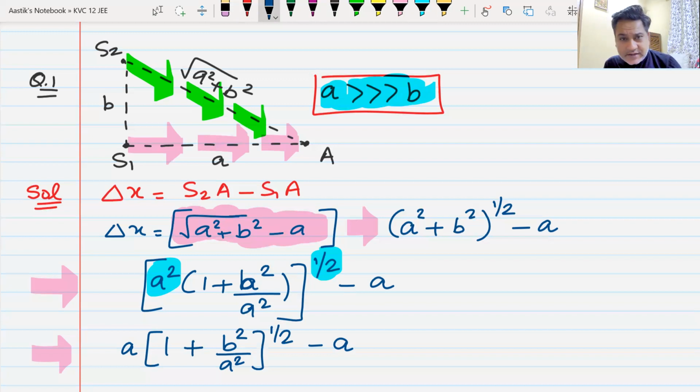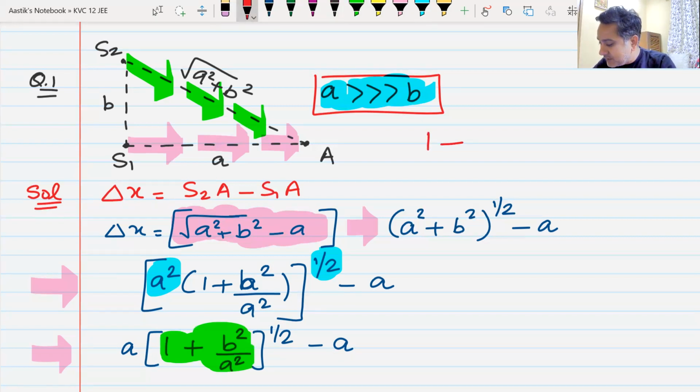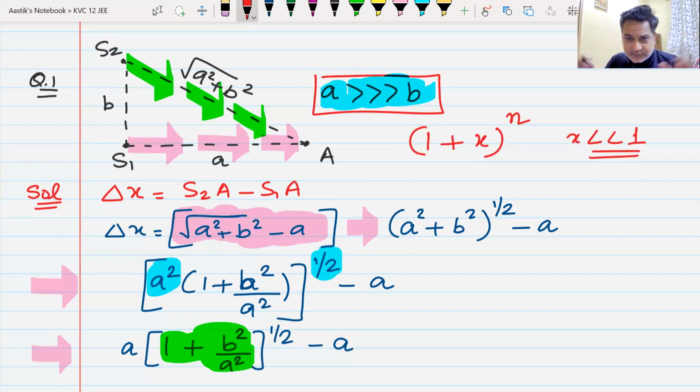Now from here we apply something which is known as binomial expansion. Have you heard about binomial expansion? Yes, sir. What does this binomial expansion say? If I have the expression 1 plus x raised to the power n, and this x is very, very small compared to 1, I can write 1 plus x raised to the power n as 1 plus nx.